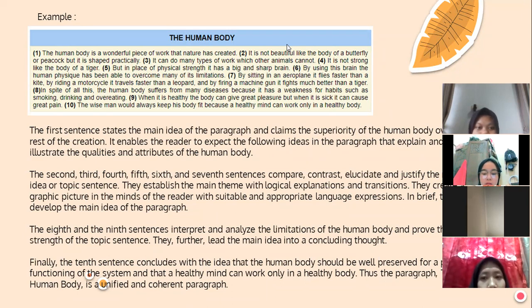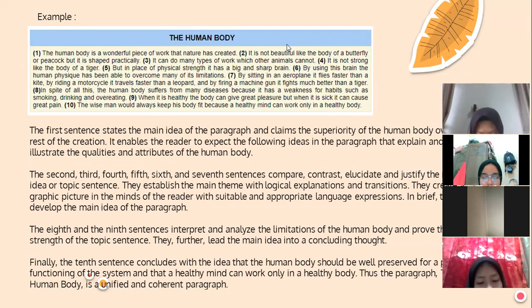In spite of all this, the human body suffers from many diseases because it has a weakness for habits such as smoking, drinking, and overeating. 9. When it is healthy, the body can give great pleasure, but when it is sick, it can cause great pain. 10. The wise man will always keep his body fit because a healthy mind can work only in a healthy body.